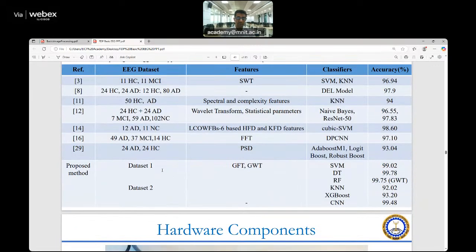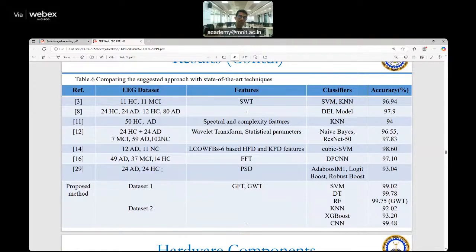If we compare these with other existing algorithms, we see that the features given by this approach are working very well in comparison to the other approaches.